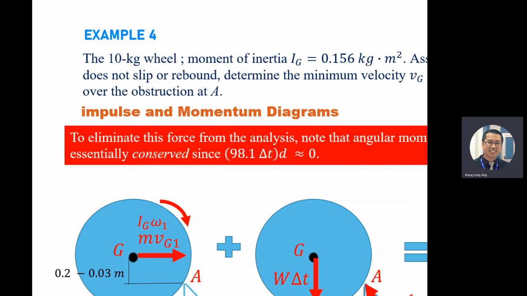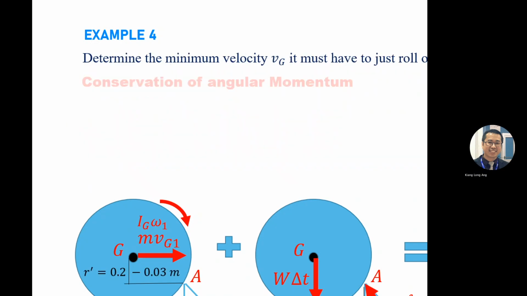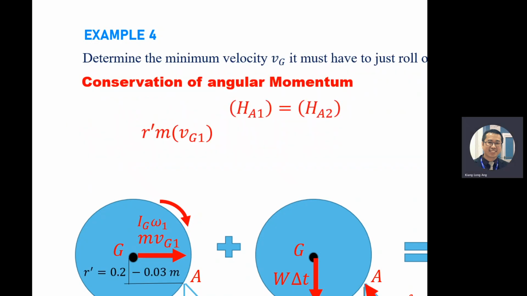So to eliminate this force from analysis, we take the assumption that angular momentum about A is essentially conserved, because the weight's moment is negligible. You observe it is conserved. Then you use conservation of angular momentum.